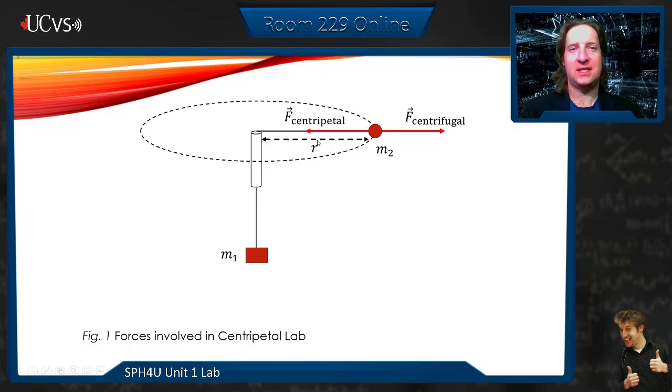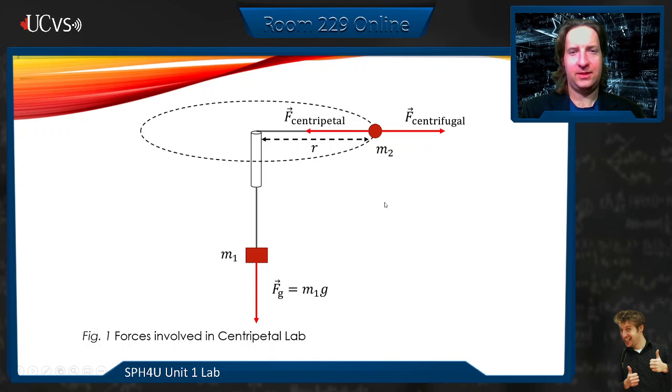So we have to balance it with a force pulling downwards. So the gravity pulling down on M1 is going to balance this inertial force of this ball wanting to continue going in a straight line. That's also equal to the centripetal force. Okay, so all 3 of these force vectors are all the same length.